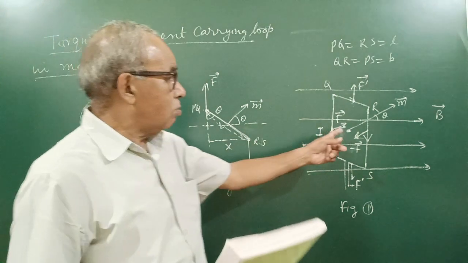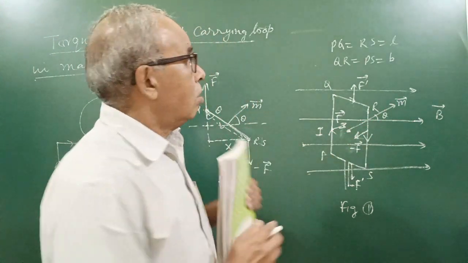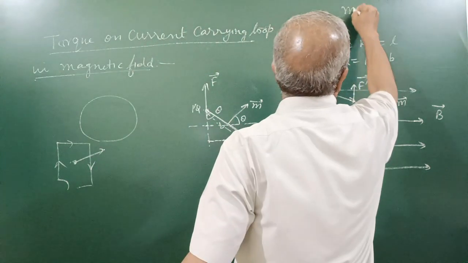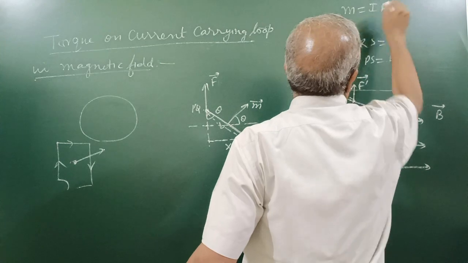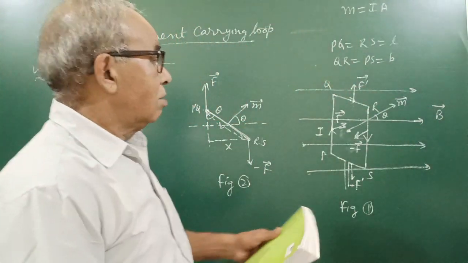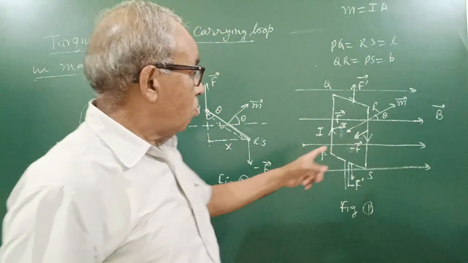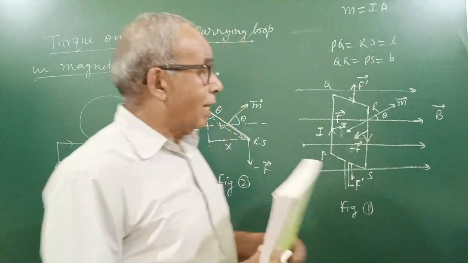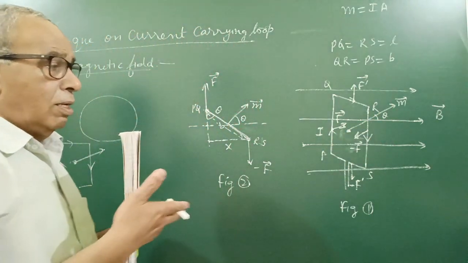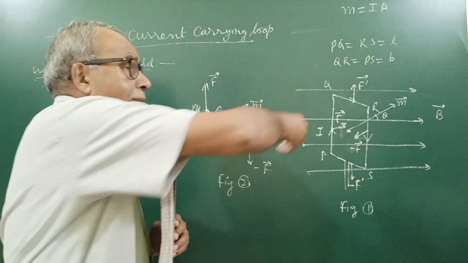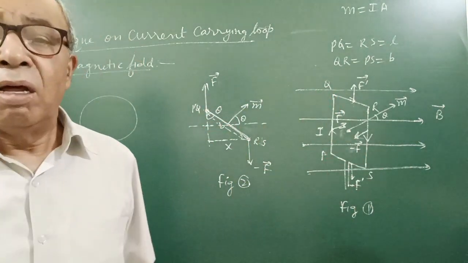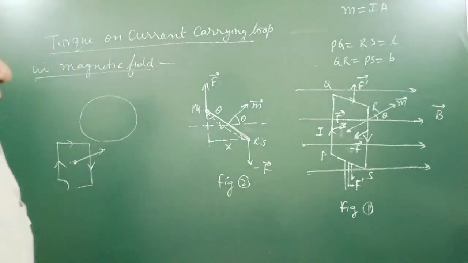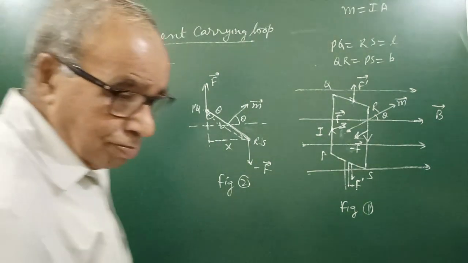So here this is vector M. You know M of loop is equal to IA, magnitude. Direction by this. The direction of M makes angle theta with magnetic field. Here field, this is M. So angle theta is between direction of dipole moment and magnetic field.